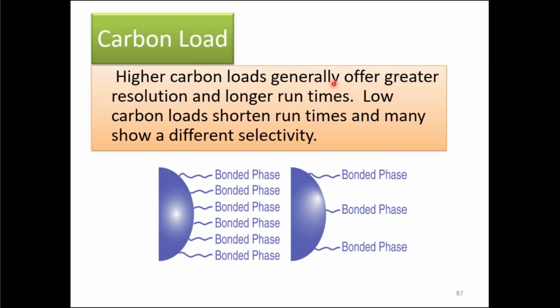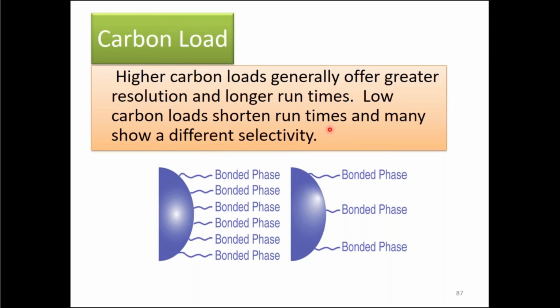Higher carbon loads generally offer greater resolution and longer runtime. So the analysis will take longer, but the separation will be highly efficient. On the other hand, low carbon loads shorten runtimes and may show a different selectivity.